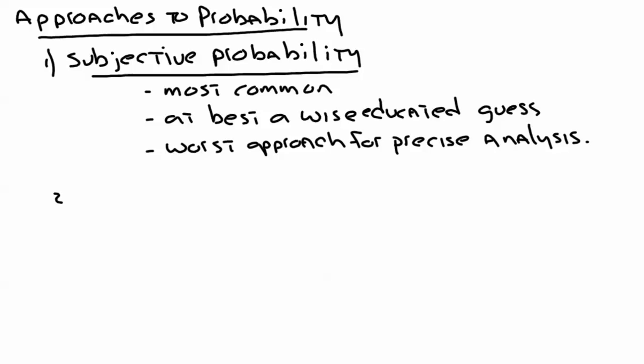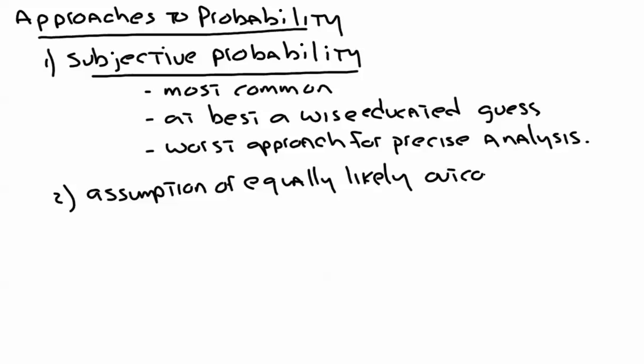The second approach that we might encounter is the approach which makes the assumption of equally likely outcomes. I'm not going to spend a lot of time talking about the assumption of equally likely outcomes. It is actually a special case of the third approach, the relative frequency approach. Let me just write that down.